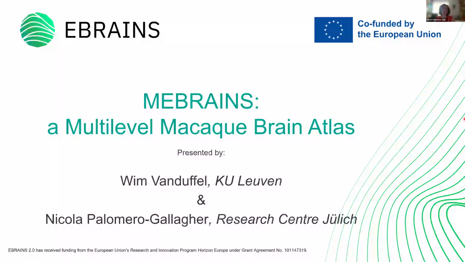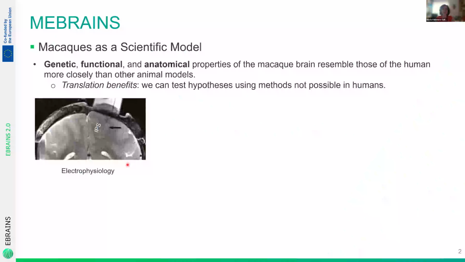Well, Wim, creating a macaque atlas is important for human brain research because macaques combine a close evolutionary similarity with humans with the fact that we are able to perform invasive experiments with them, which can't be carried out with human subjects.